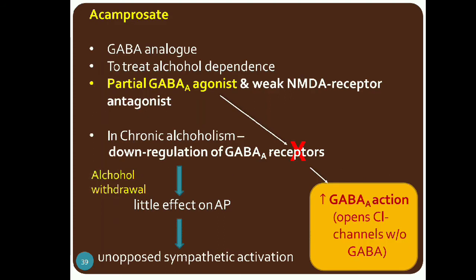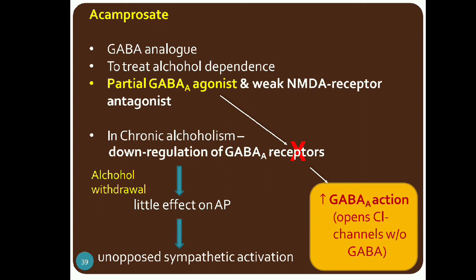In chronic alcoholism there is down regulation of GABA A receptors, and in alcohol withdrawal there is little effect on GABA, with unopposed sympathetic activation, and increased action of the open chloride channel. Okay.